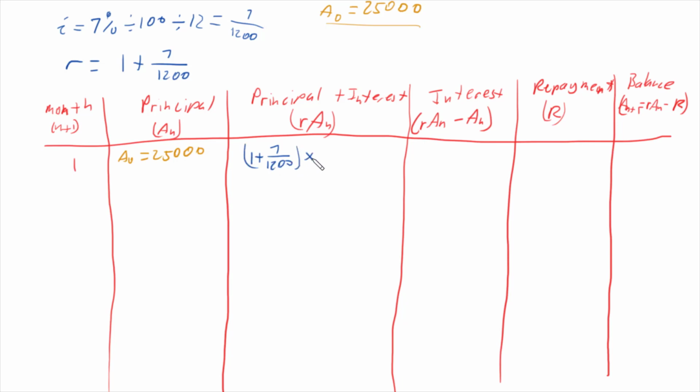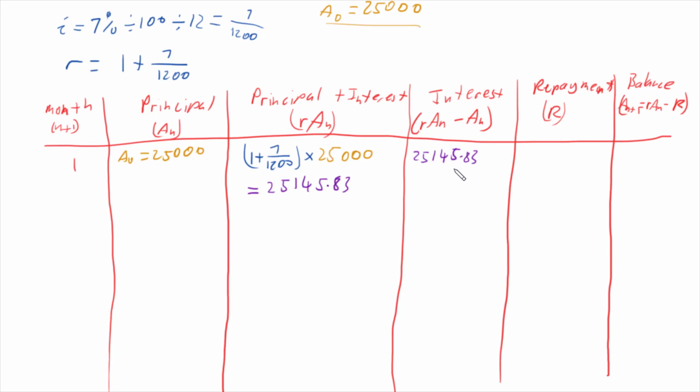And we're going to multiply that by A(N), or A0 in this case, which is 25,000. And if we work that out, that's going to give us principal plus interest of $25,145.83.